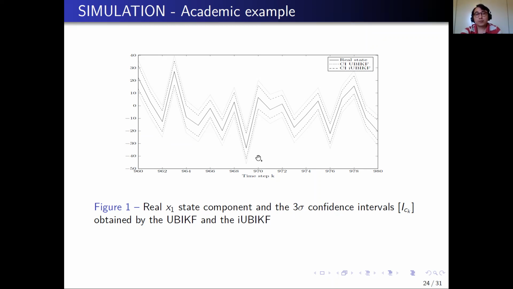So all the percentages are 100% for the two cases. And we also see that the confidence interval provided by the improved filter is smaller than the one provided by UBIKF. The same result for the states X2 and X3.